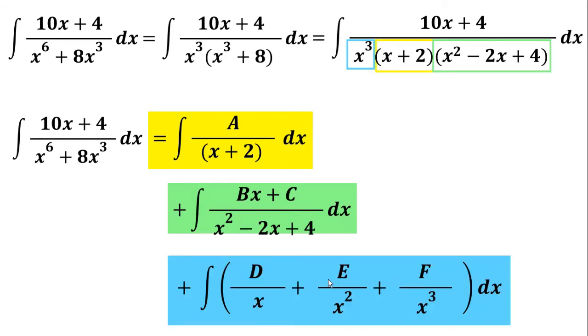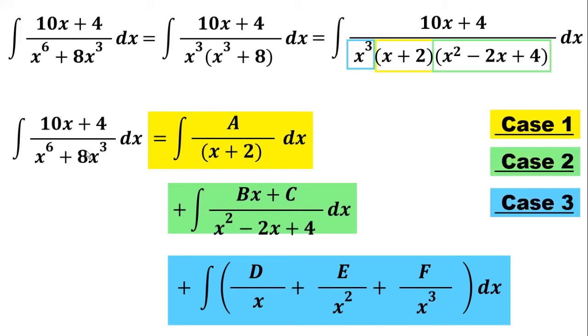And integral number 3 comes from case 3, which is the integral of D over x plus E over x^2 plus F over x^3 dx. So by using partial fractions, we were able to write the original integral as a summation of 3 simple integrals, and we are going to solve them.